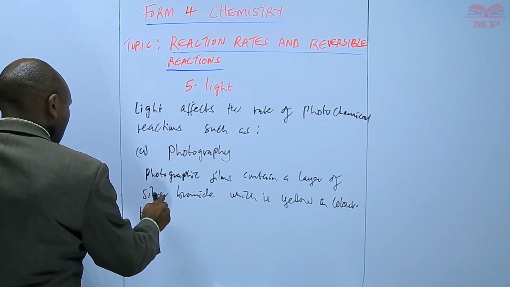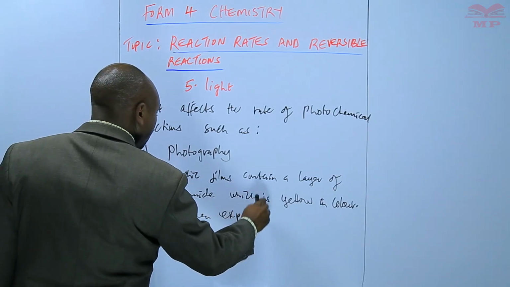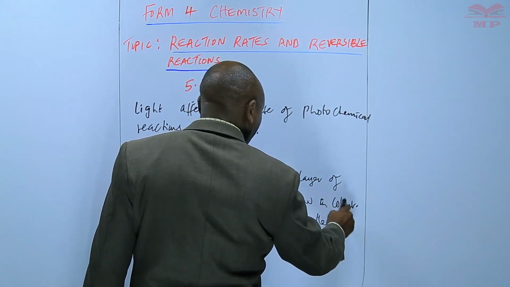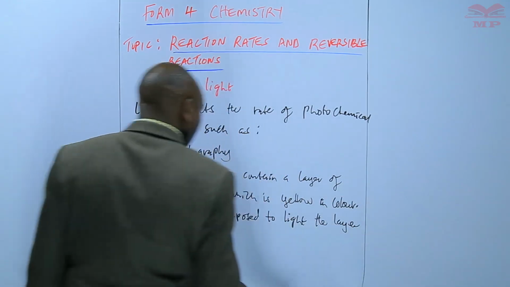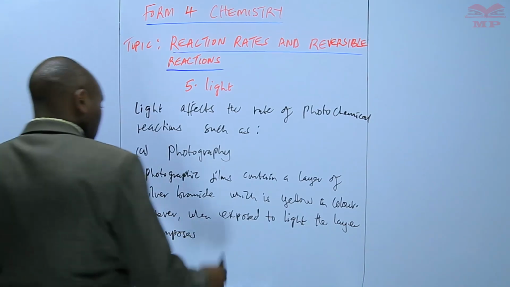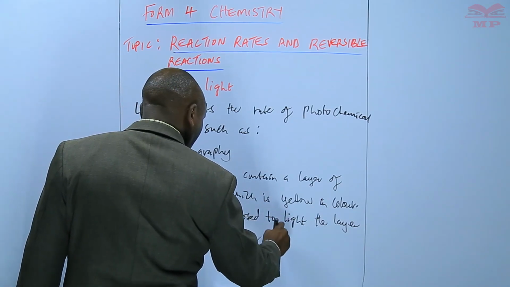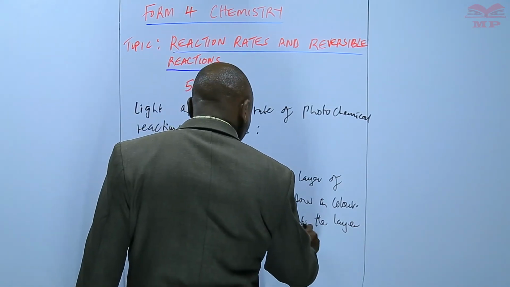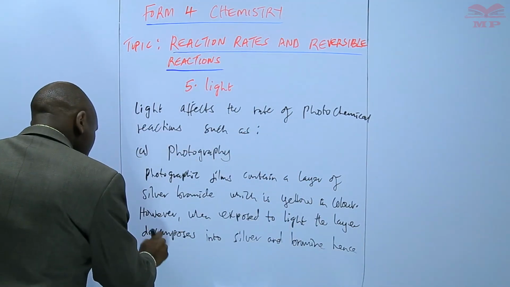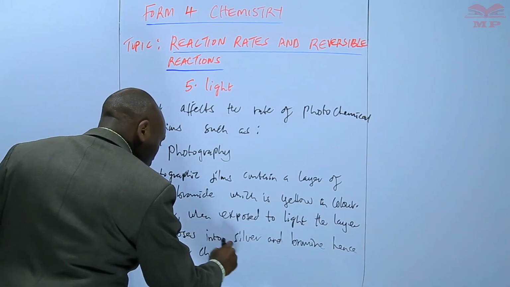However, when exposed to light, the layer decomposes into silver and bromine. Hence, the color changes to gray.